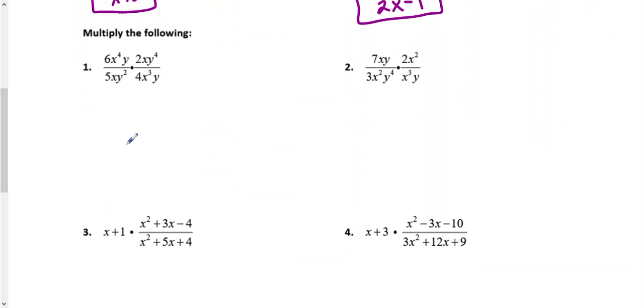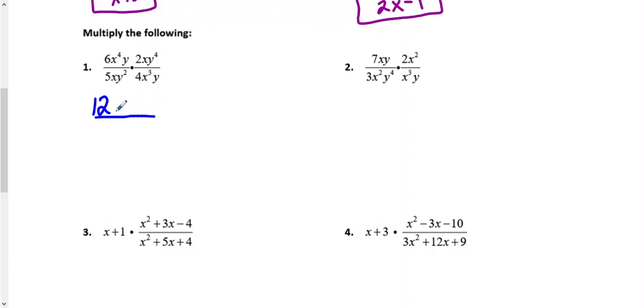Now we're getting into multiplying them. So these first two, notice that there are no plus or minus signs. So we're going to multiply them and simplify them a different way than what we do with 3 and 4. So when we have no plus or minus signs, we can actually just multiply straight across like we do with fractions. So top times top, I'm left with 6 times 2, which is 12.